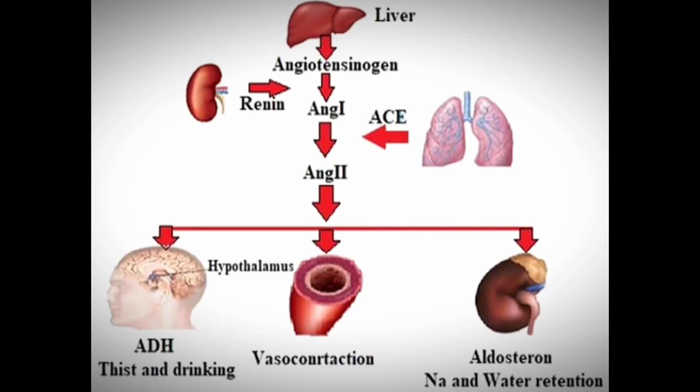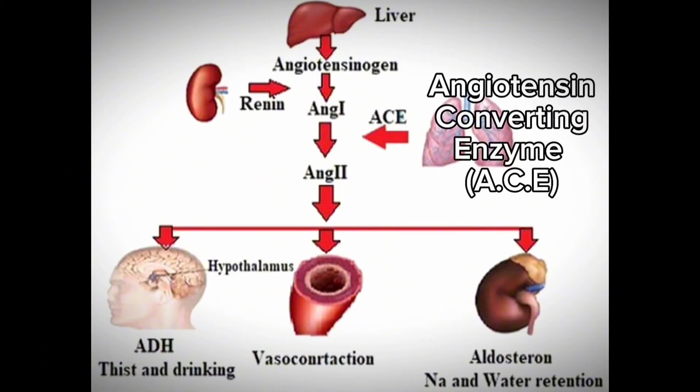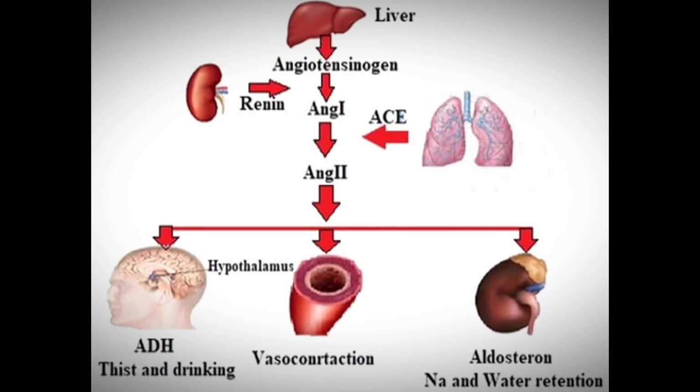Angiotensin 1 is converted to angiotensin 2 by an enzyme found in the lungs called angiotensin converting enzyme. Angiotensin 2 is a potent vasoconstrictor that raises blood pressure to correct the hypotension. It's part of the renin-angiotensin-aldosterone system, and we're going to have a separate video for that topic.